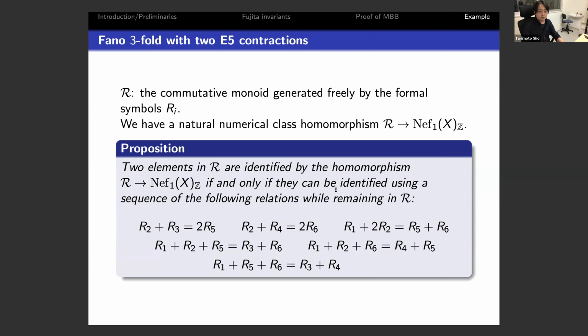Here is the proposition: two elements in R are identified by this numerical homomorphism to the Neff monoid if and only if they can be identified using a sequence of the following relations. So there are a bunch of relations between these generators, and taking the quotient by these relations gives the Neff monoid of curves. All right, so this is just a computation.